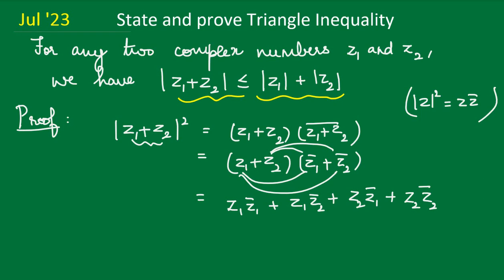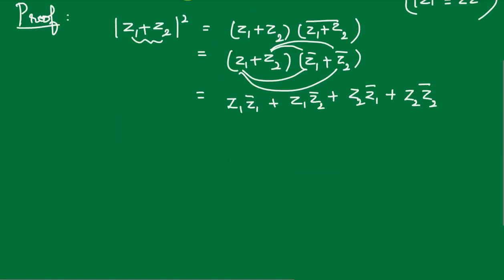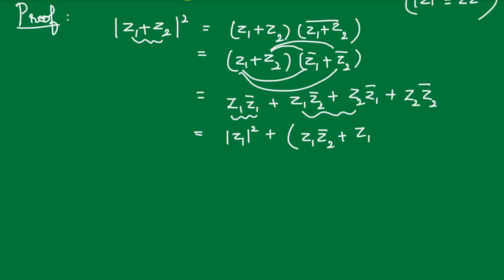Now this term Z Z bar can be written as modulus of Z square, plus these two terms we combine together, write it as Z1 Z2 bar plus Z1 Z2 bar the whole bar, plus Z2 Z2 bar can be written as modulus of Z2 squared.